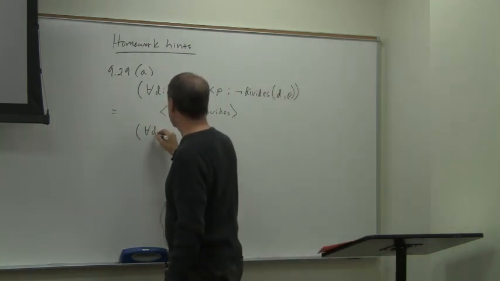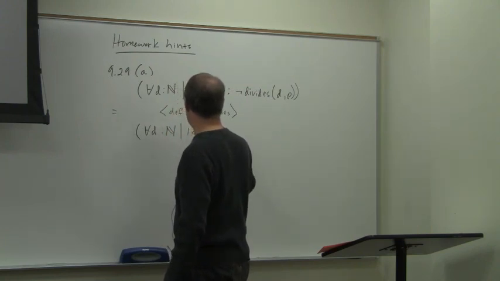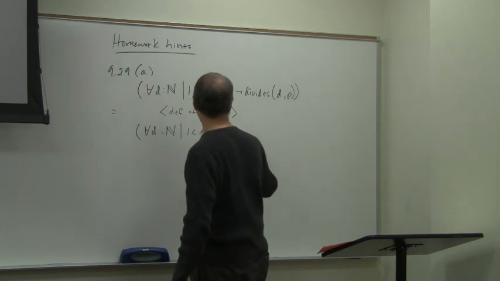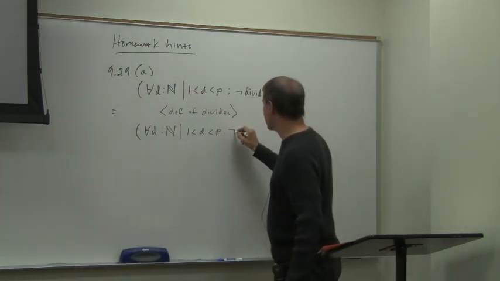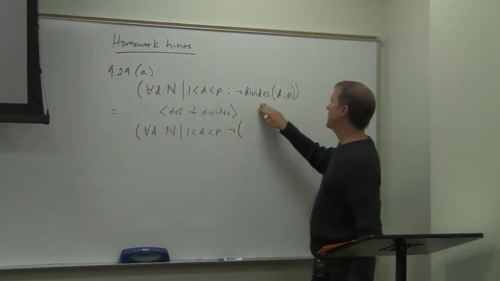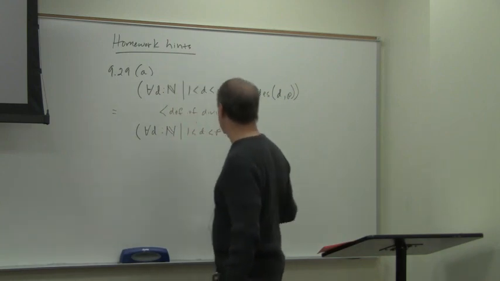So this would be for all d, range 1 less than d less than p, and then body, not. And now the definition of divides. What is x divides y?